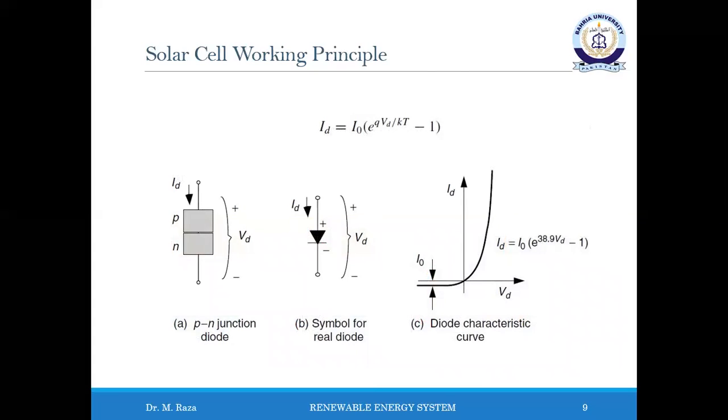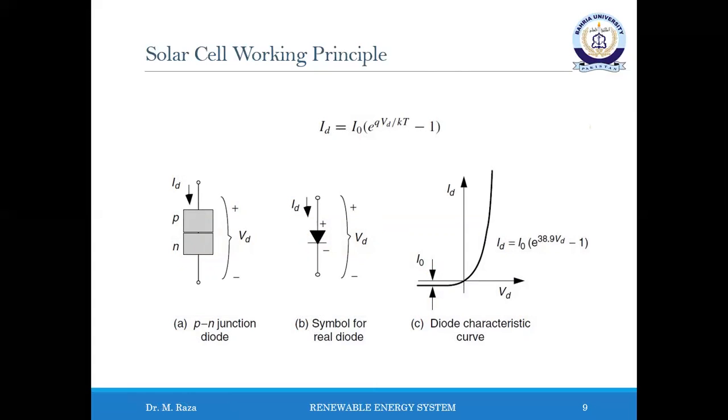The voltage-current characteristic curve for the PN junction diode is described by the following Shockley diode equation, which is written over here, where ID is the diode current in the direction of the arrow in amperes. VD is the voltage across the diode terminals from the P side to the N side in volts.